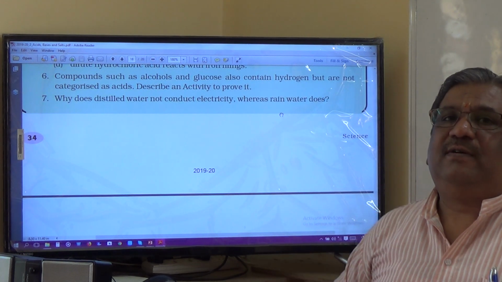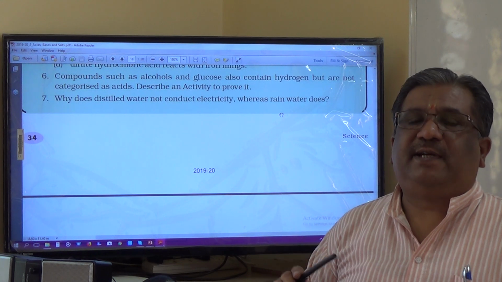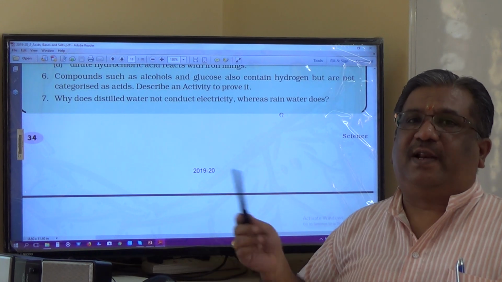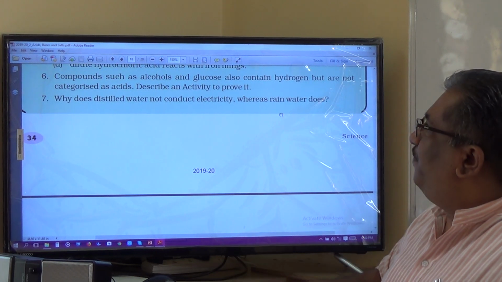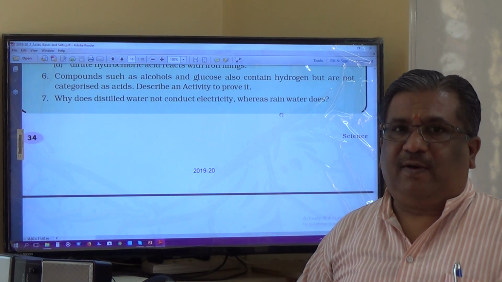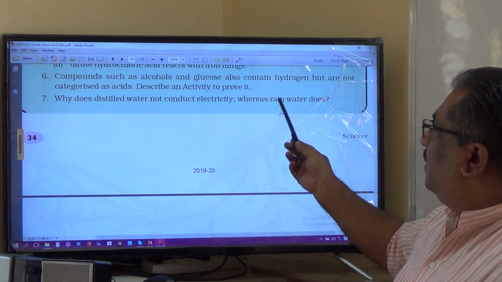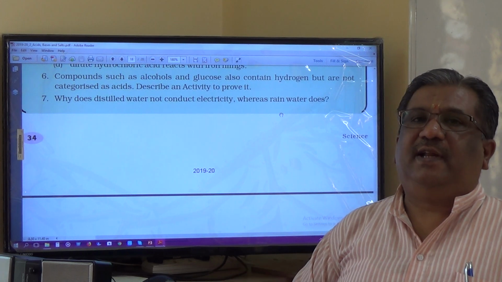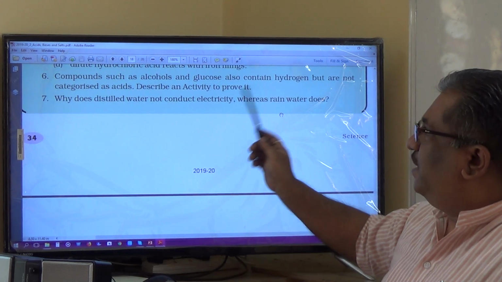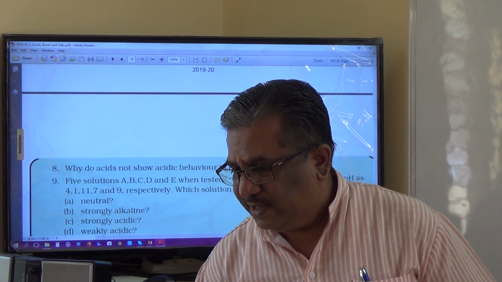The sulfur dioxide and nitrogen dioxide present in the atmosphere will react with water to form acids, and these acids dissociate into ions, and those ions are responsible for conduction of electricity. Whereas distilled water is pure water, it does not contain any ions and therefore it does not conduct electricity. Is it very clear? Next.